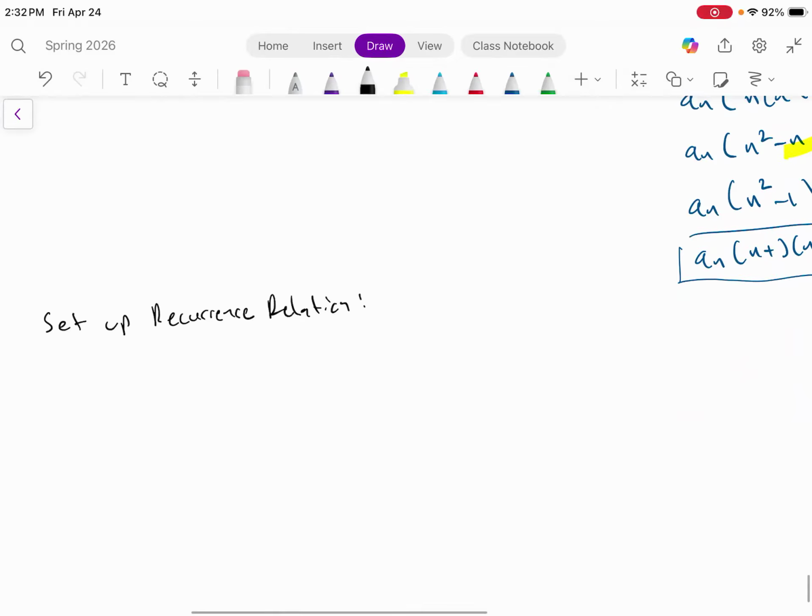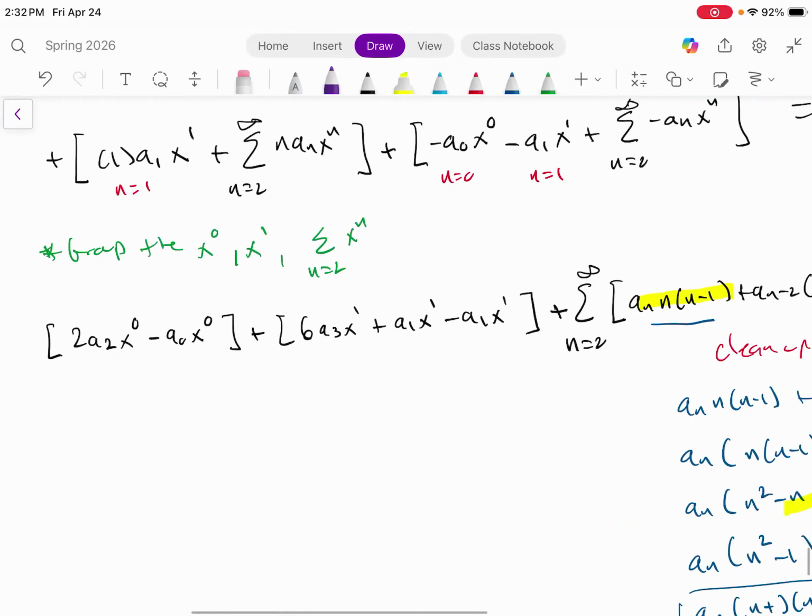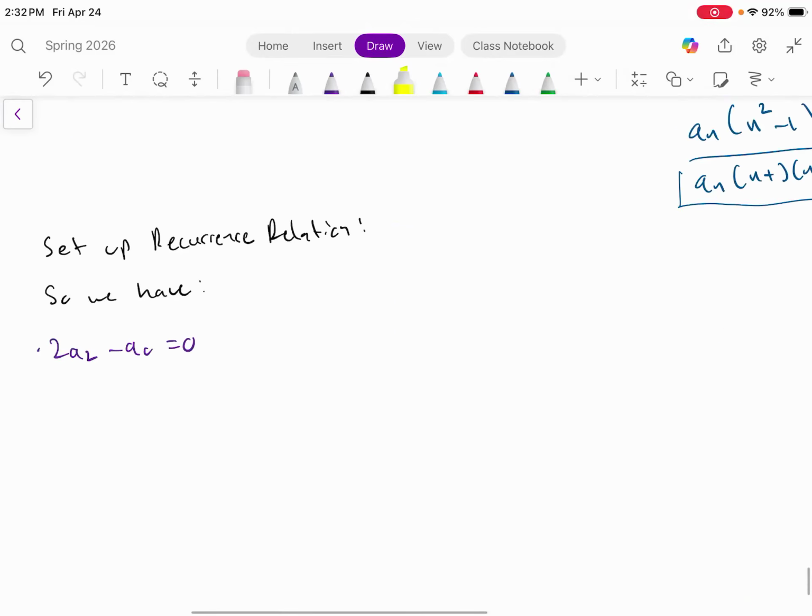Okay, so we have 2a2 minus a naught equals 0. Getting that from right here. Okay. And the a1 and negative a1 cancel out, so that's good. That equals 0. So 6a3 equals 0. And this is for n equals 0.